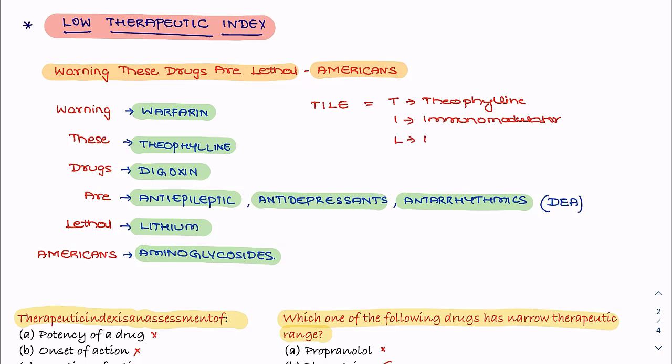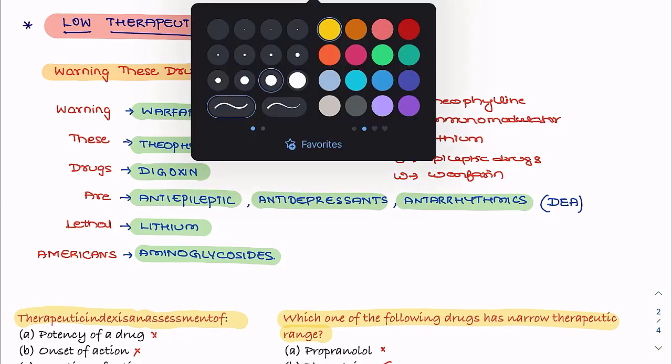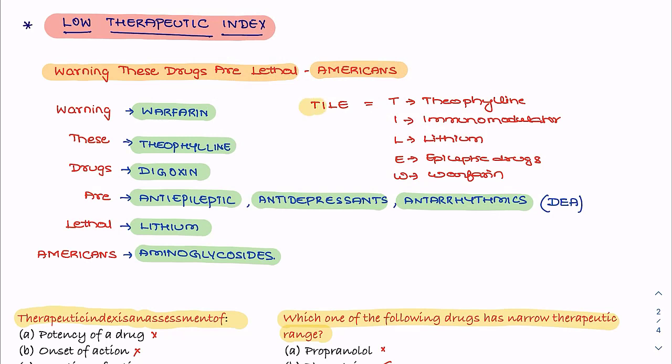L stands for lithium. E stands for epileptic drugs. And if you turn the E upwards, it will become W, so warfarin. If you remember this style, you can remember the formula as well as the mnemonic. Is that clear? Okay, fine.